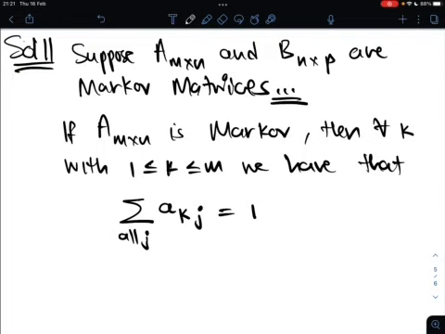You see that? So this is what it means for a matrix to be Markov.